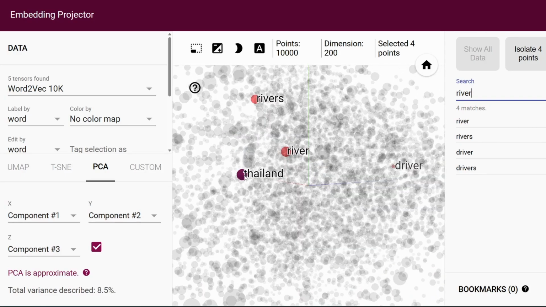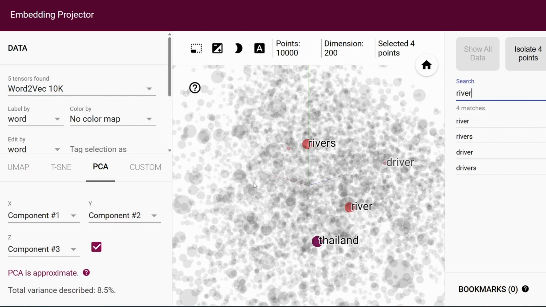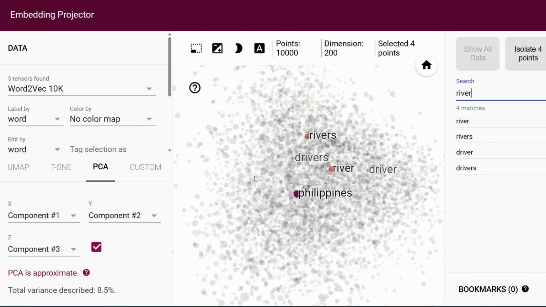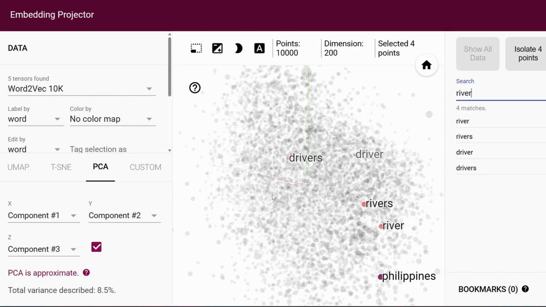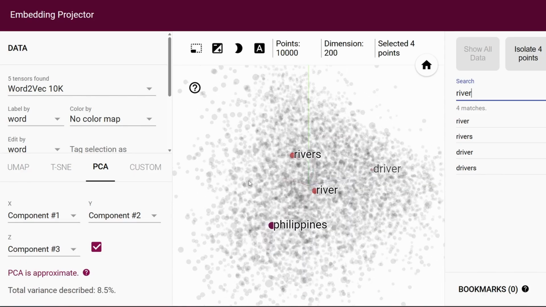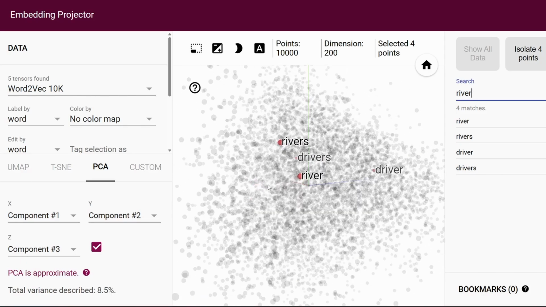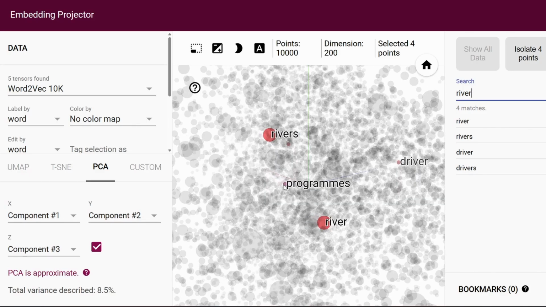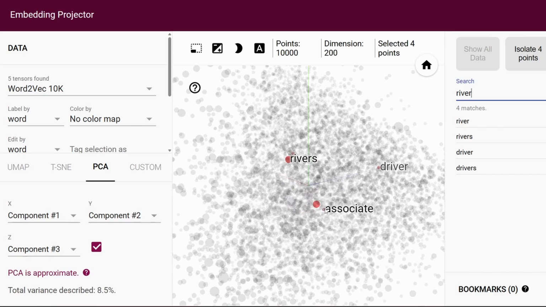Whenever we want a particular output, we always have to focus on the words that are around that output word. For example, if we want our output to be river, then we have to pick the words that are nearby river.